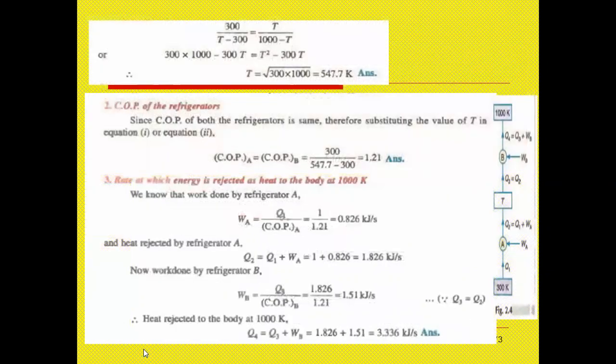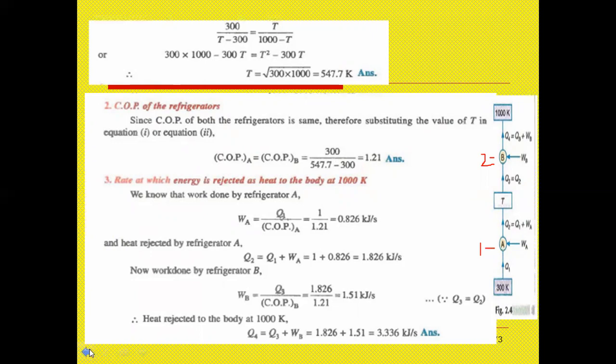Now see here, you are having two refrigerators, refrigerator A and refrigerator B. Here the temperatures are T1 equal to 300 Kelvin, T2 equal to T, T3 equal to 1000 Kelvin.